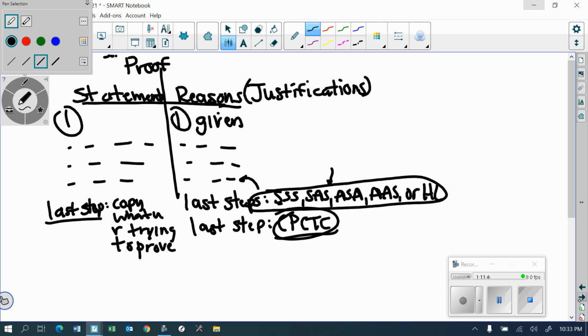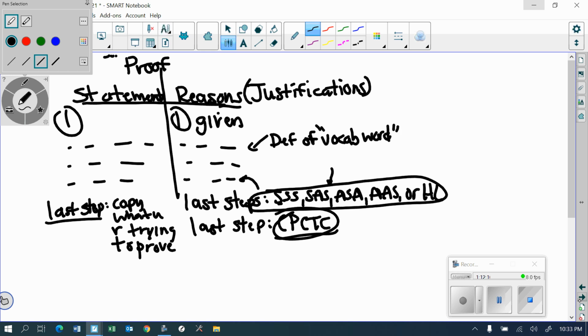Your justifications in there. If they have a vocab word up in the given, you're going to use the definition of that vocab word. Okay, and we'll talk about that. I'm not going through all the different vocab words now in this review, but one of your justifications would be definition of vocab word, whatever that vocab word is. Okay, so that's also one.